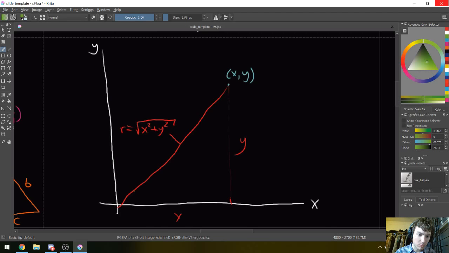What's this angle? Or better yet, what's the tangent of that angle? Tangent theta. Opposite over adjacent, right?